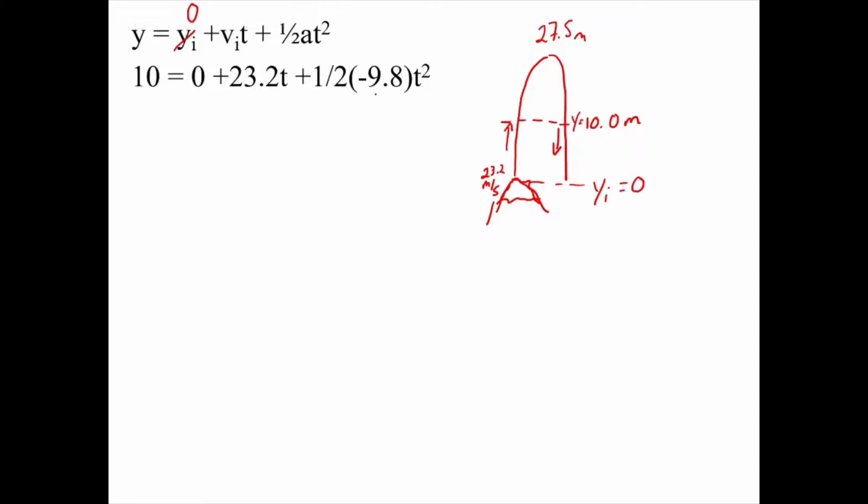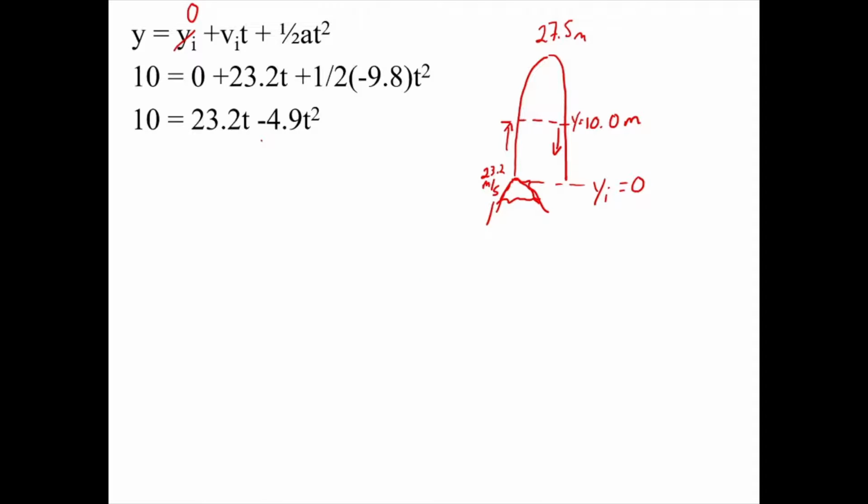It has an acceleration. So you may notice we have t and t squared in the same equation. Now, all I did here, and I left out units just because I think the problem's complicated enough without units. So 1/2 of negative 9.8 is negative 4.9.